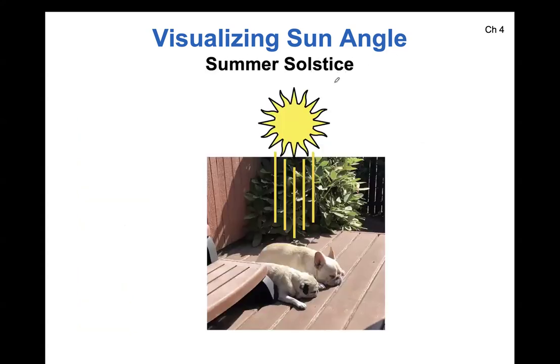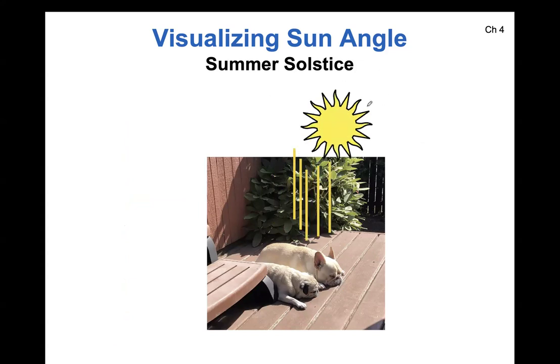So let's then consider our summer solstice in Eugene, Oregon. We're going to imagine a couple of dogs, basking in the sunlight. What kind of light are they going to be able to warm themselves up in? Well, it won't be directly overhead.